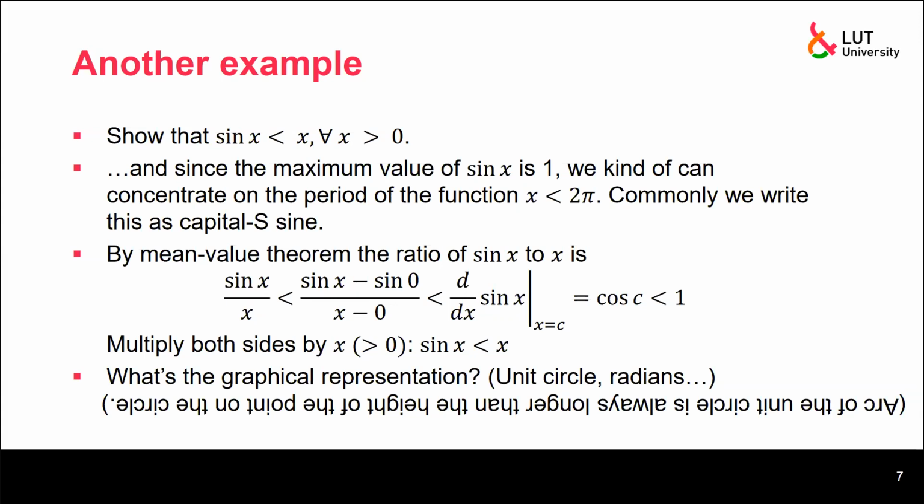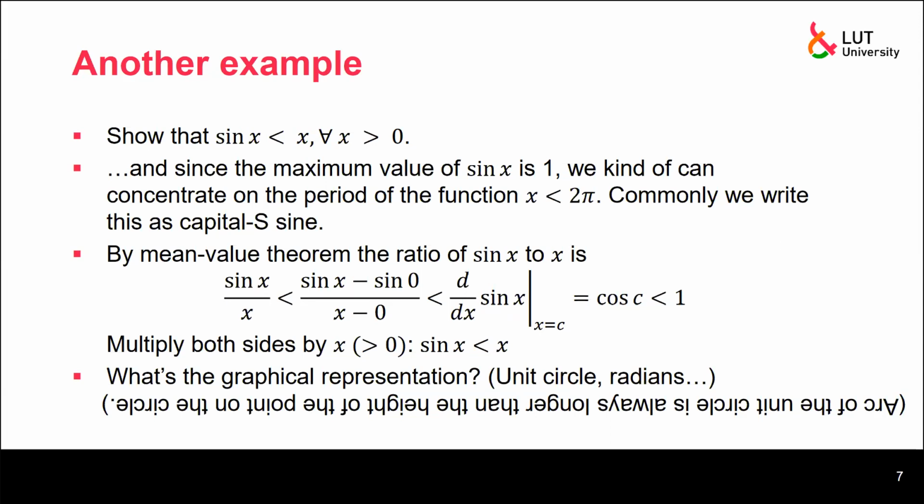And we can see that the derivative of sine is cosine. So we know that cosine is a decreasing function in this interval. So this difference quotient is always smaller than the derivative of sine if we put the endpoints on the derivative.